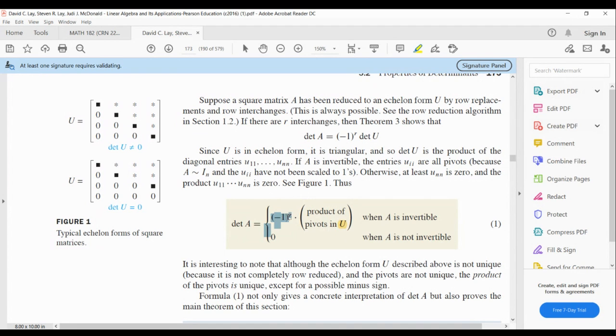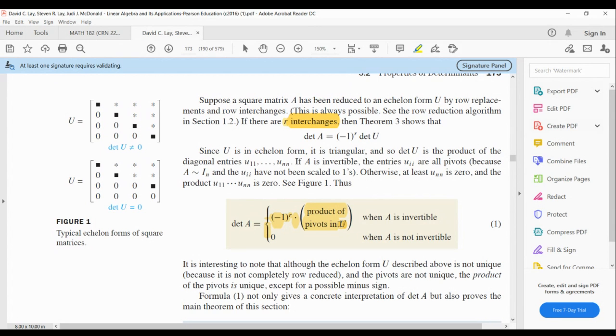So a general formula in the theory is that the determinant of A could just be computed by taking -1 to the rth power, where r stands for how many row interchanges there are, and then multiply by the product of the pivots in U.